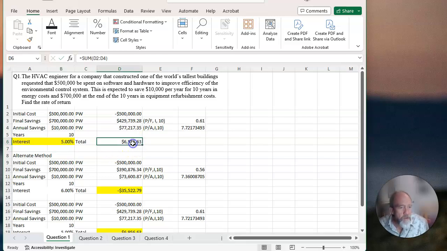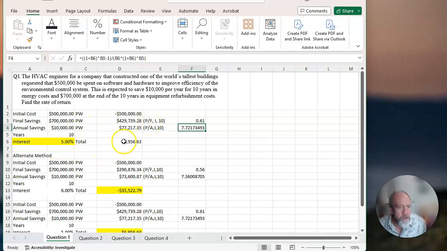And notice that that number actually changed. The P over F and the P over A values changed because the interest rate changed, but these numbers are calculated using the formulas which I gave you, P over F and P over A, because the annual savings would be P over A and final savings would be P over F, those two equations with the interest rate.